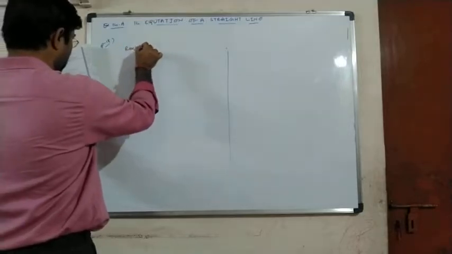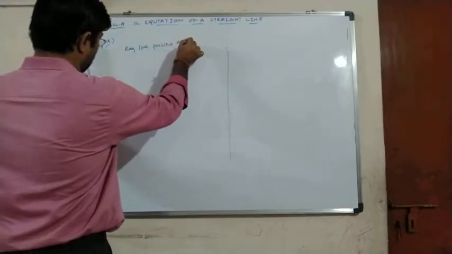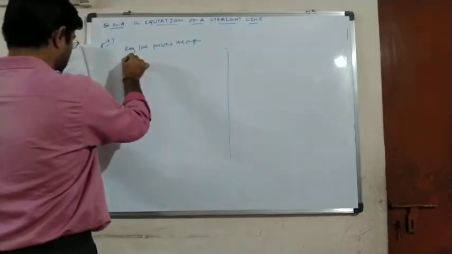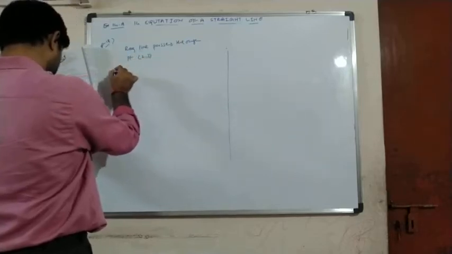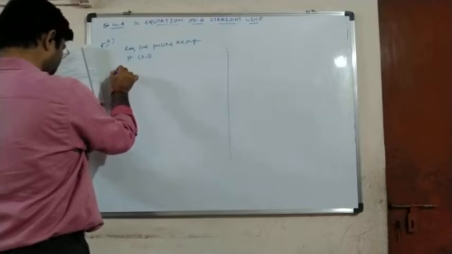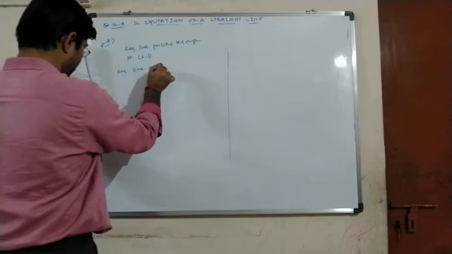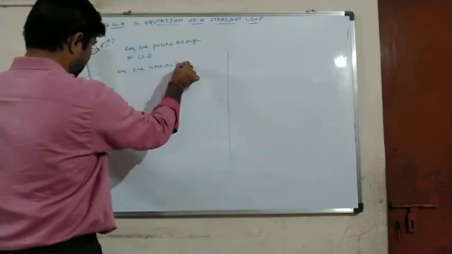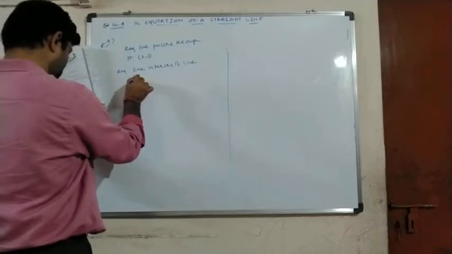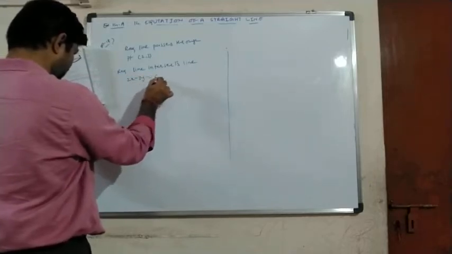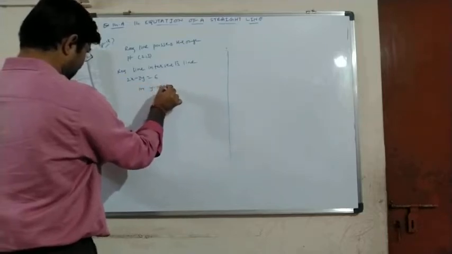The required line passes through point 2, 3 and the required line intersects the line 2x minus 3y is equal to 6 in y-axis.